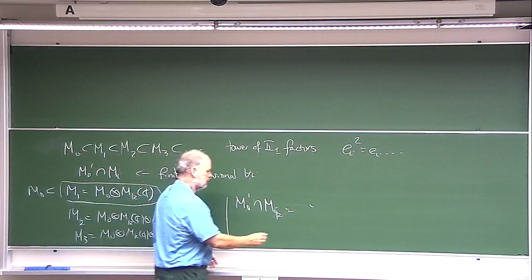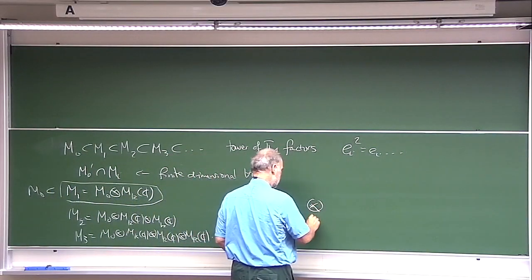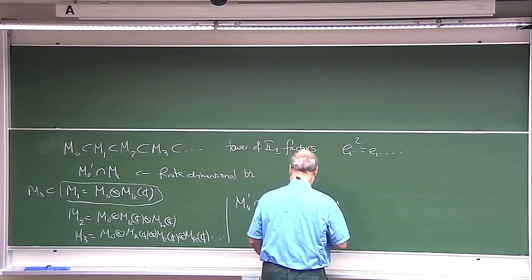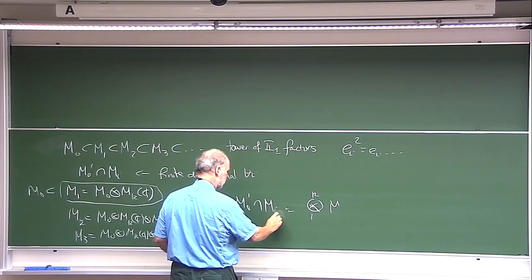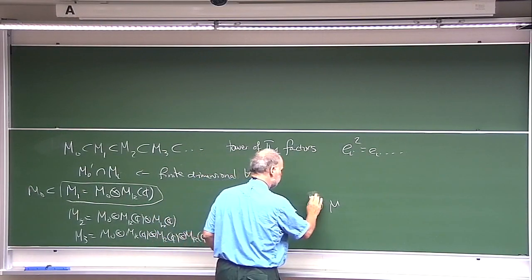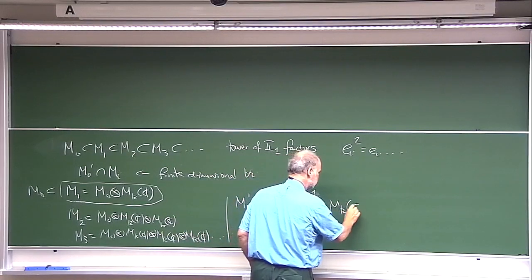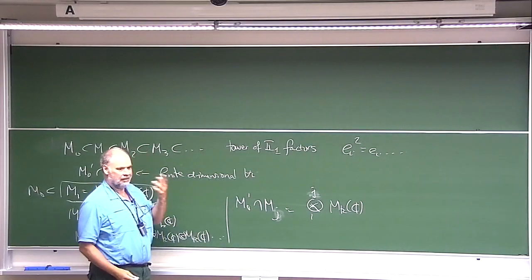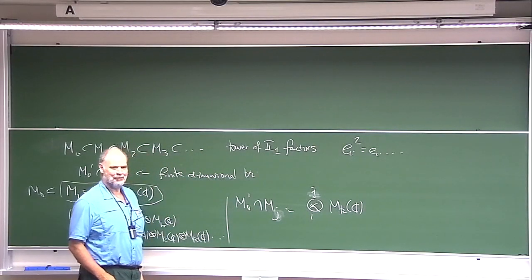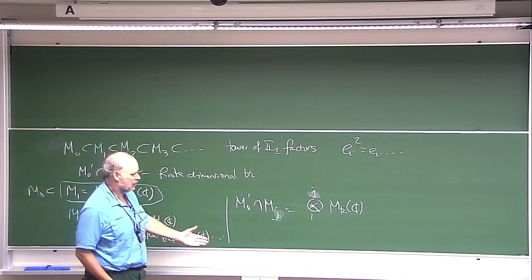So in general, this is just the tensor product from 1 to k of k by k matrices. Fantastic. So this is a very simple example, and so we know what the planar algebra is.